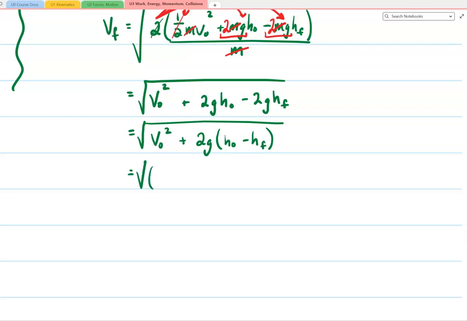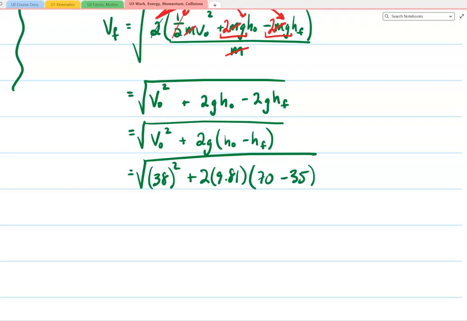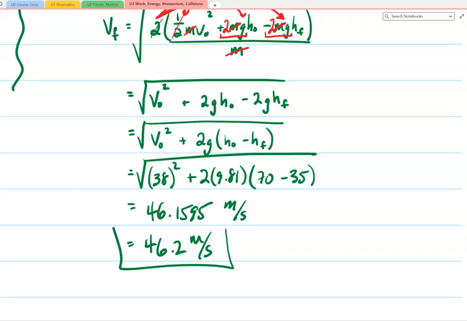Now when we substitute these quantities into the calculator, our 38 squared plus 2 times 9.81 times 70 minus 35, the computed result does come out to be the exact same. We get 46.1595 meters per second. And with sig figs, we can call that 46.2 meters per second.